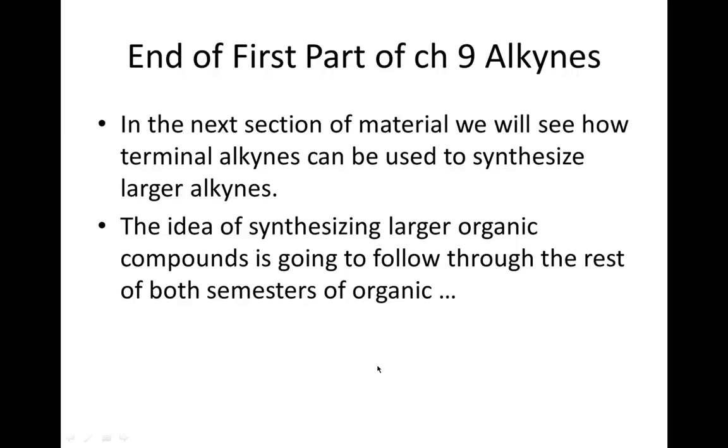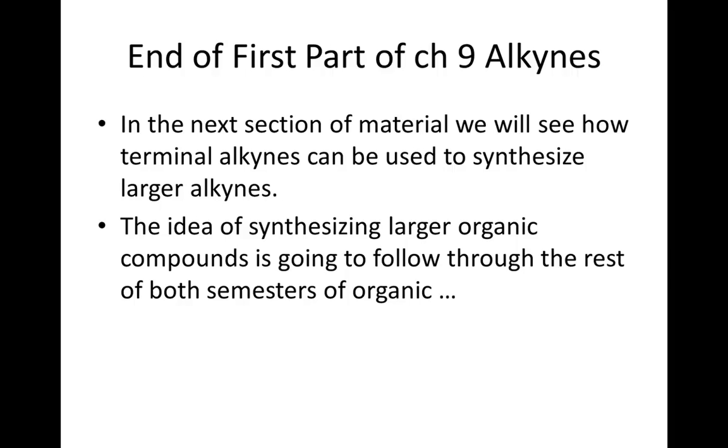So that's the end of the first part of this chapter. And so when we go on in the next part of the chapter, we're going to look at some other things about terminal alkynes that are kind of interesting, that we'll be able to use to make bigger alkynes, which is a little different than what we talked about earlier in this section.